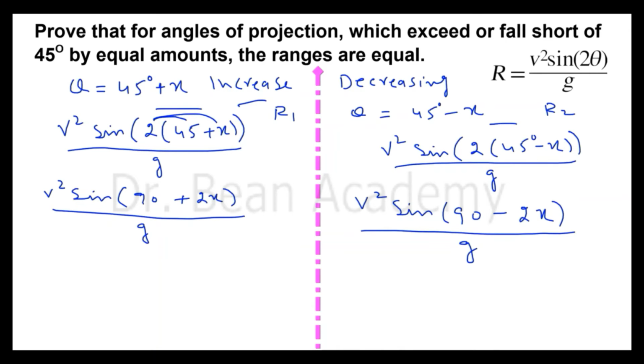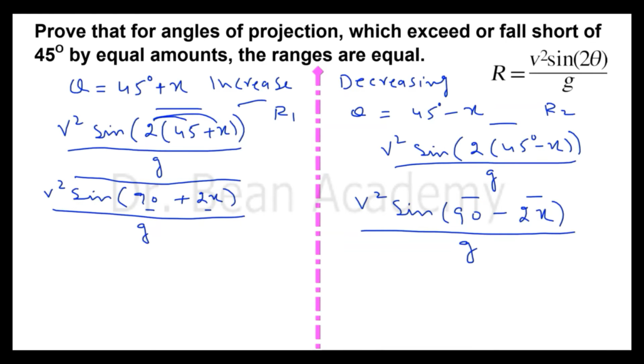Now we need to solve this expression, because without solving this expression we can't get anything useful. If you see, it is sine of one angle plus another angle. Here it's sine of one angle minus another angle. So we need to find a suitable identity.